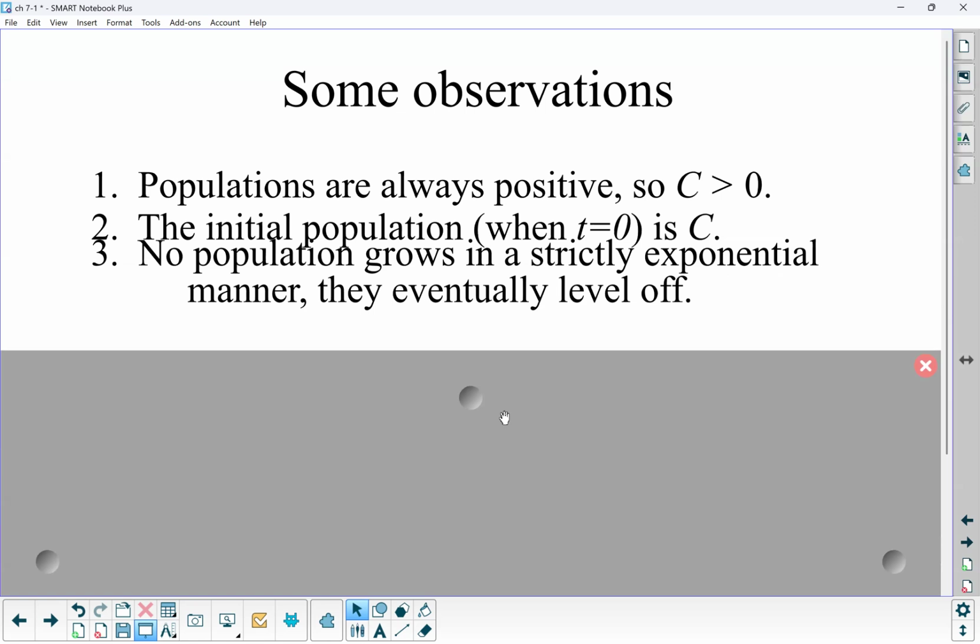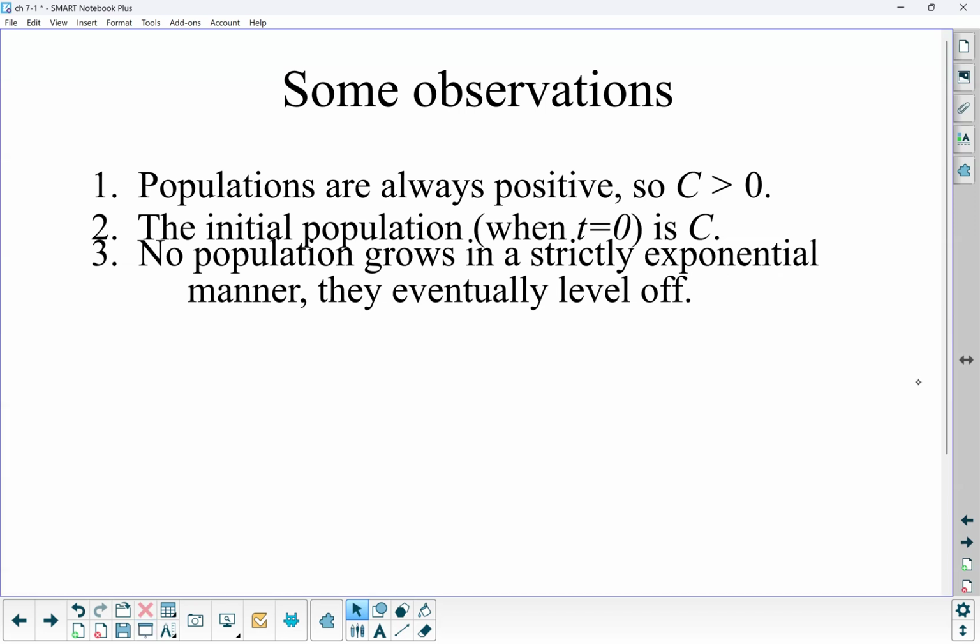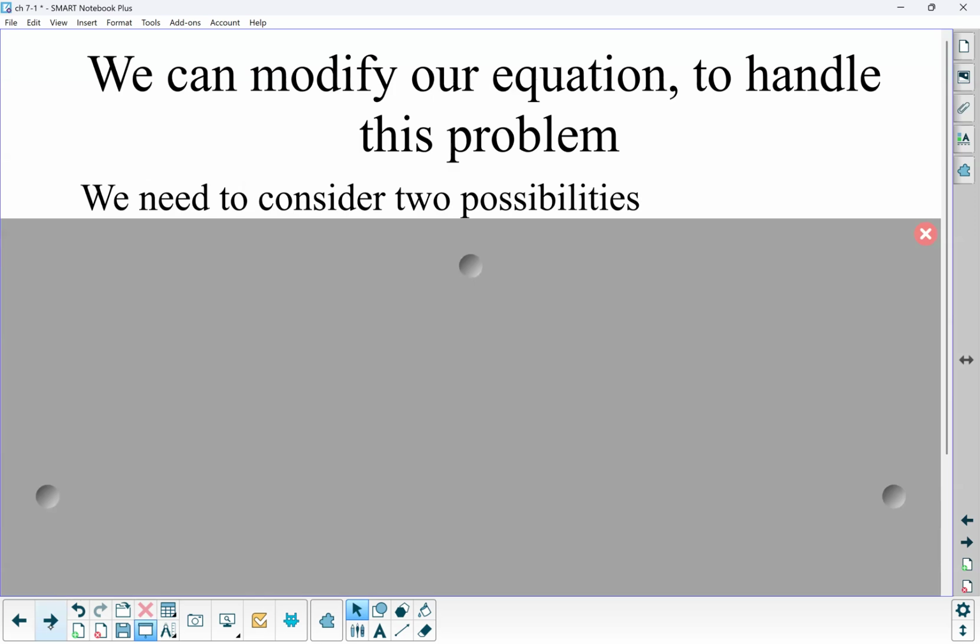And the last thing is no population is going to grow in a strictly exponential manner. Eventually, population levels off. So we can do some things to modify our equation to take care of that.